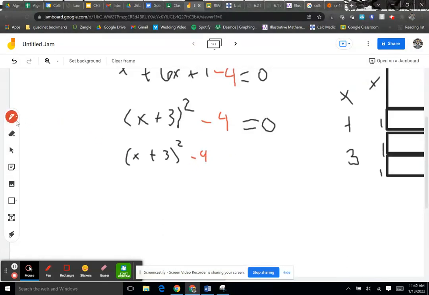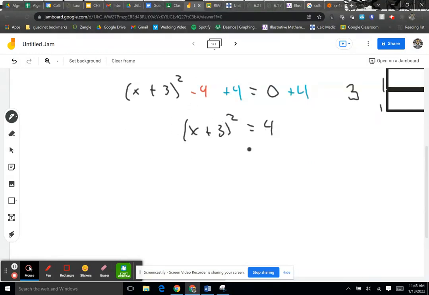And then I'm going to add a 4 to both sides of the equation, so a plus 4 right here, and then we'll have equals 0 plus 4 as well. So the new equation is now x plus 3 squared is equal to positive 4, because negative 4 plus 4 is 0, and 0 plus 4 is 4.